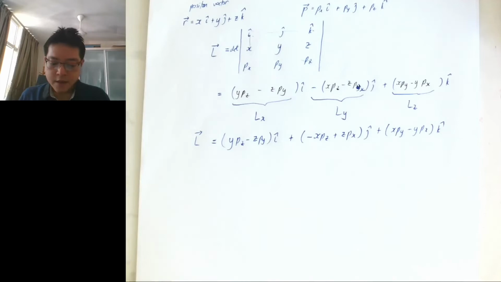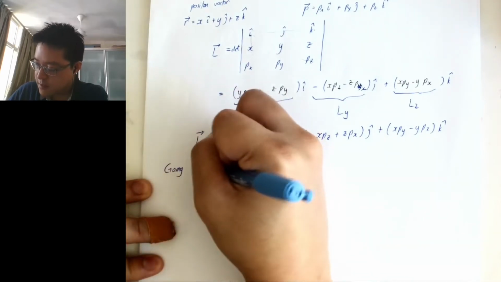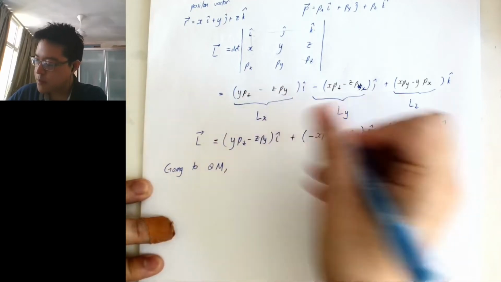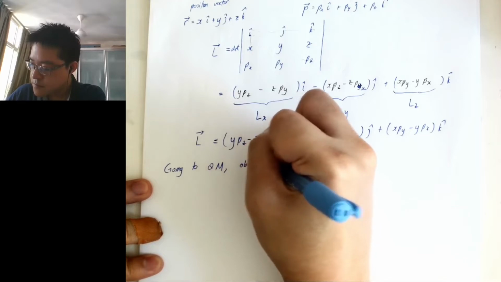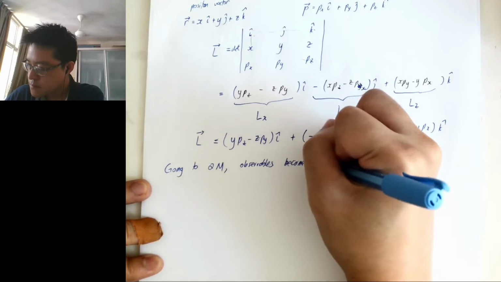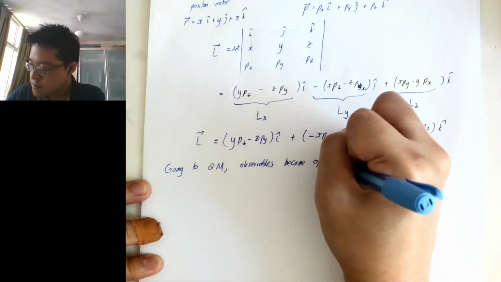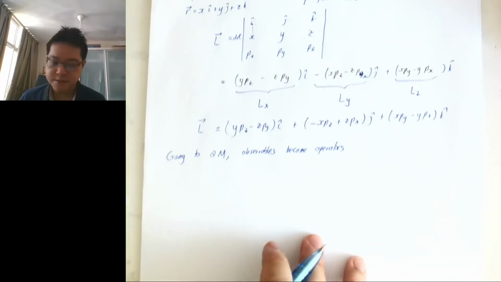Okay, now the next thing we're going to do is to go into quantum mechanics. That means observables become operators. Right, and in fact they become Hermitian operators in Hilbert space.